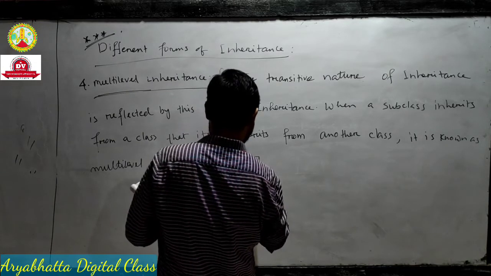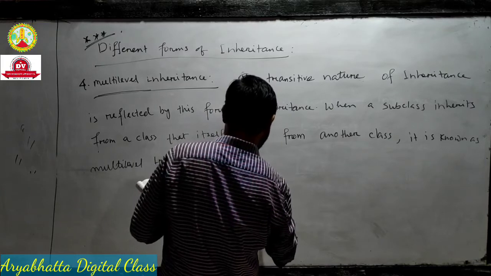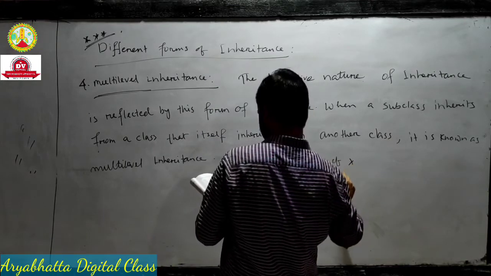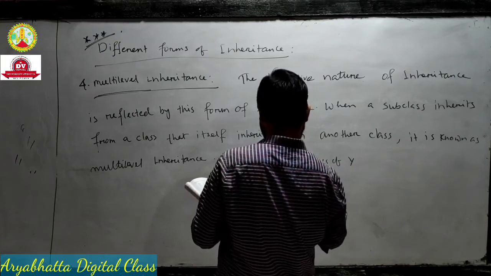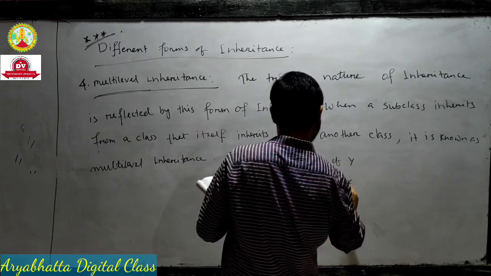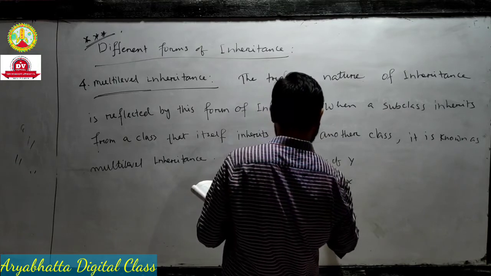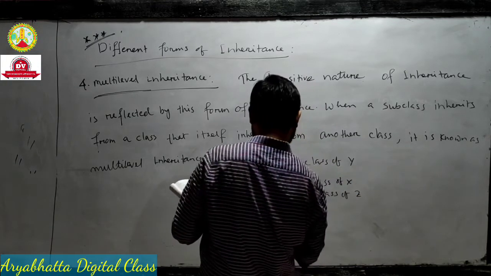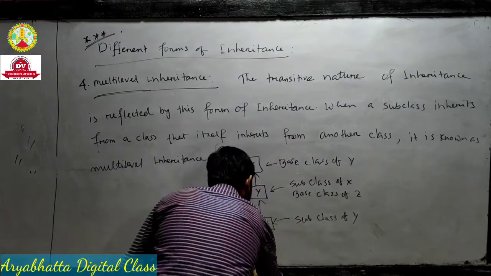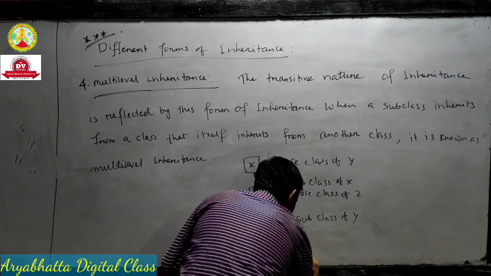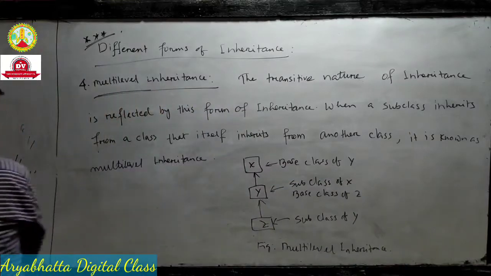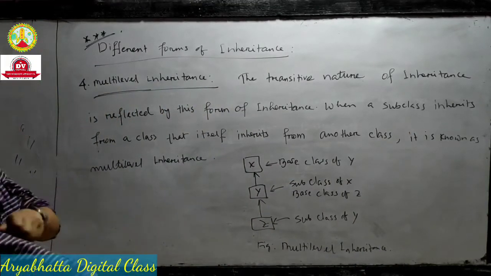Okay. See, from X derived is Y, and Y derived is Z. This is base class of Y. This is subclass of X and also base class of Z. The subclass of Y. You see, the transitive nature.